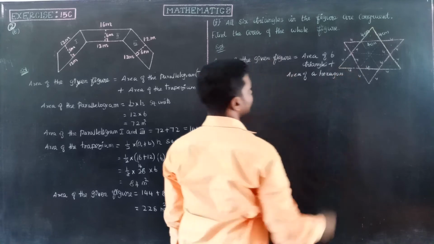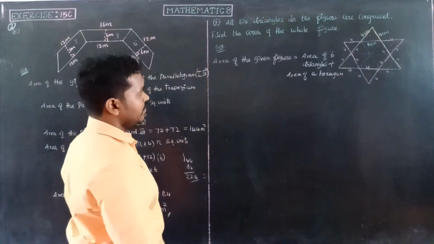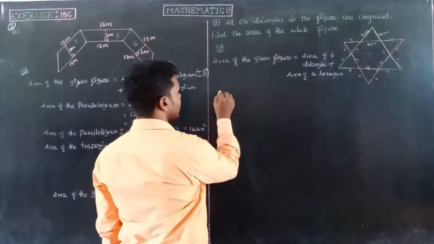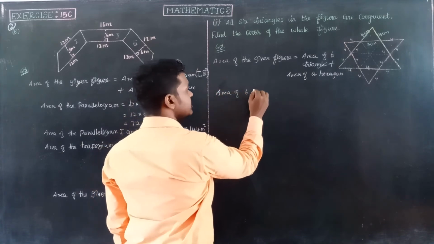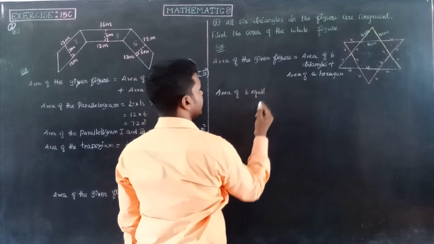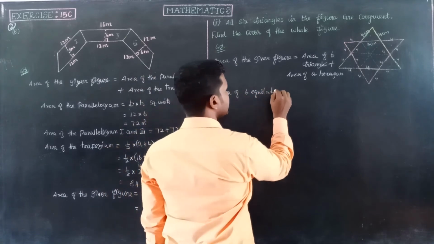The hexagon area is 6 equilateral triangle areas added. So first, let us find the area of the 6 equilateral triangles.